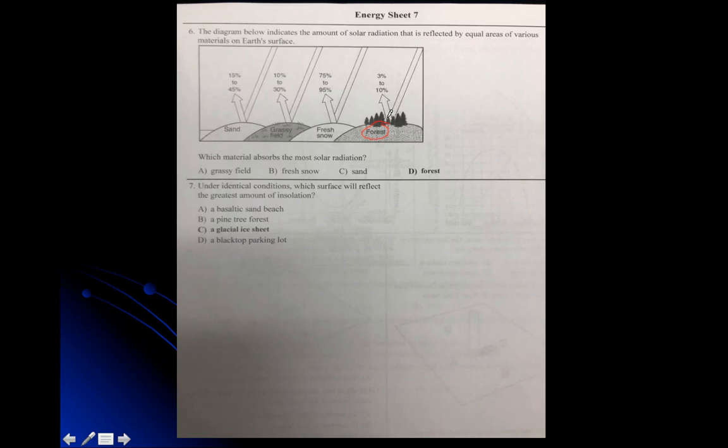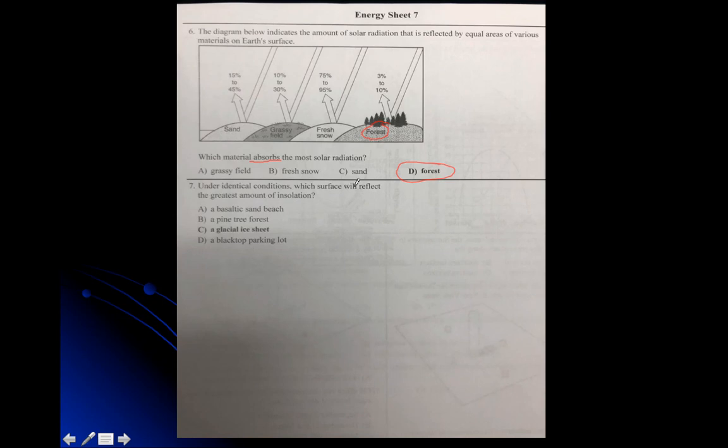The best reflector on Earth, remember I said, is a snowy field or a glacier, because it's light color, it's a smooth texture. So if they were asking about the best reflector, look at that. The fresh snow reflects anywhere between 75 and 95%, by far the most. But here they're asking which absorbs the most solar radiation. That would be your forest.